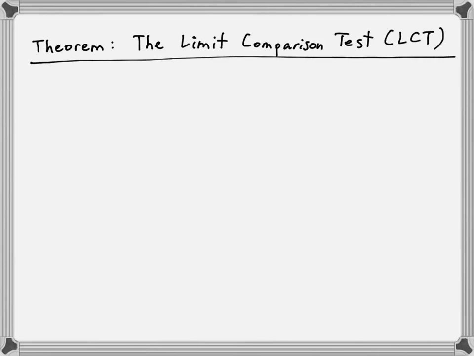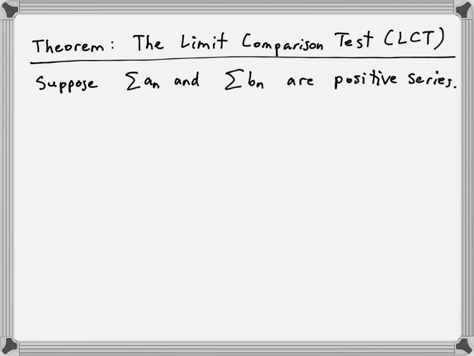So we're going to start with, suppose AN and BN are positive series. Now, this one does not depend on one being bigger or smaller than the other. Okay?